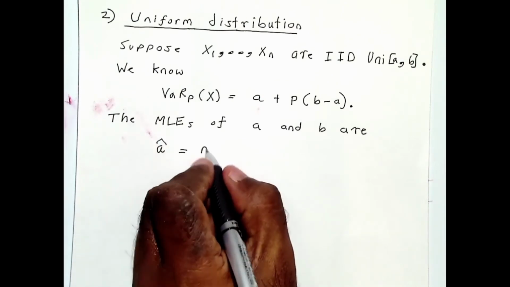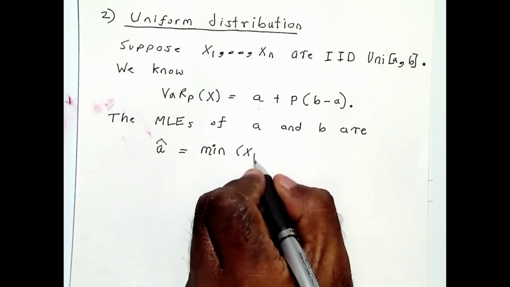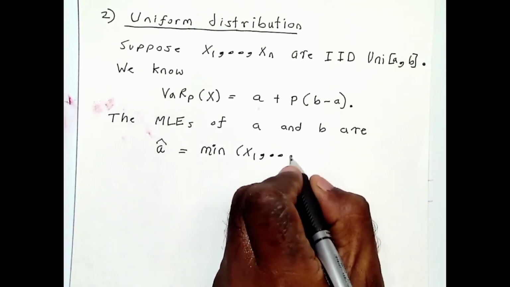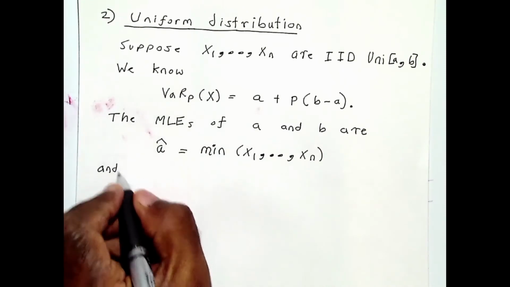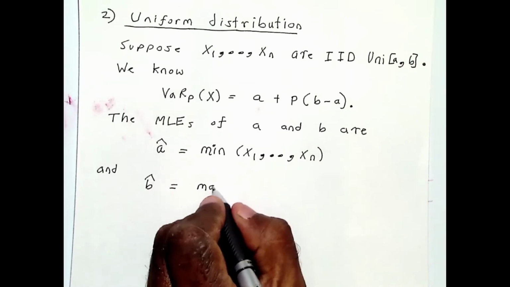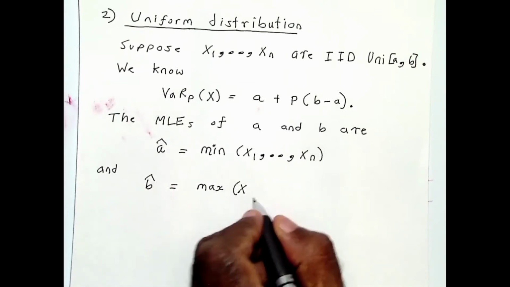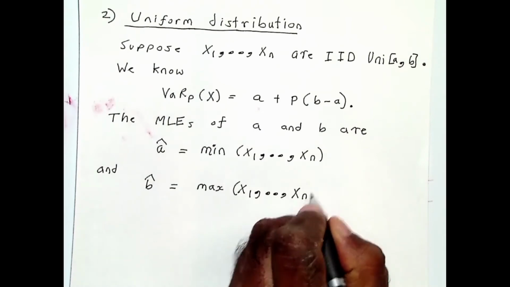The MLE for A is the minimum of the data, and the MLE for B is the maximum of the data.